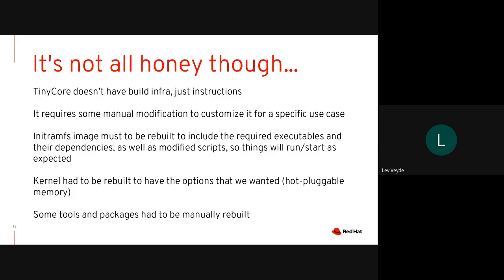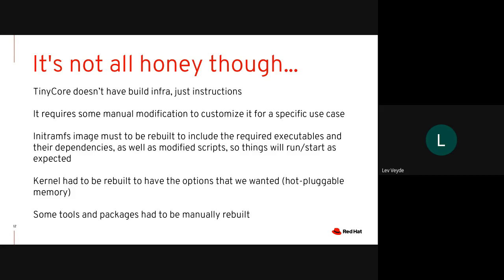We knew that we would need to do this modification, so it was obvious. Also the kernel, in our case, had to be rebuilt, because we wanted support for hot pluggable memory in the kernel, and the plain Tiny Core Linux kernel has this option simply disabled by default.